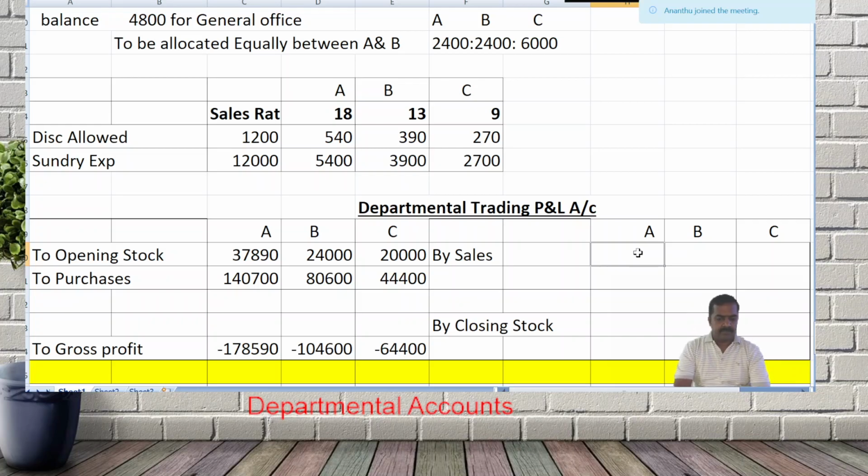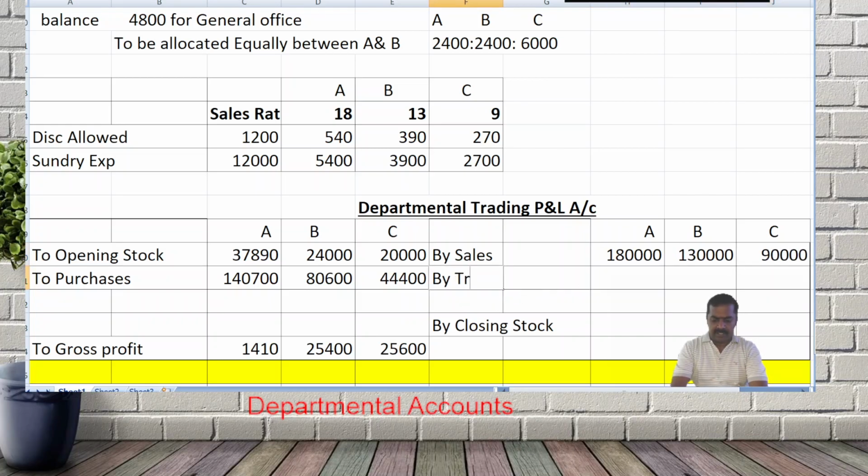Sales: 1,80,000 approved, 1,30,000, then 90,000.